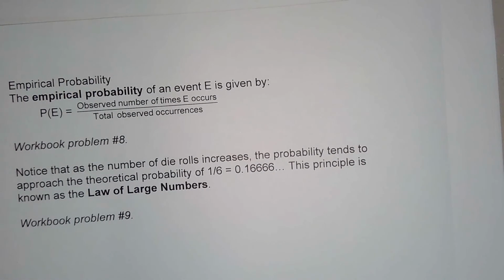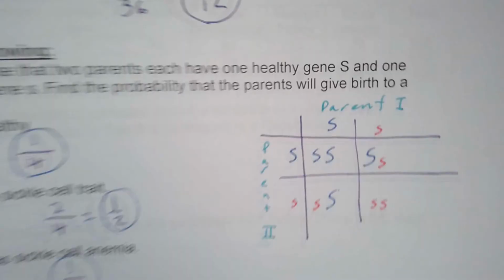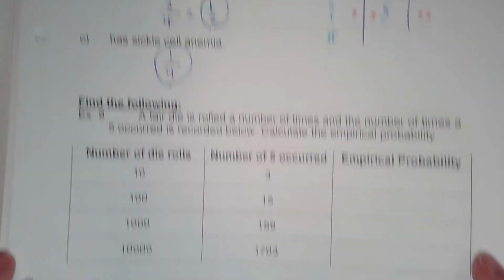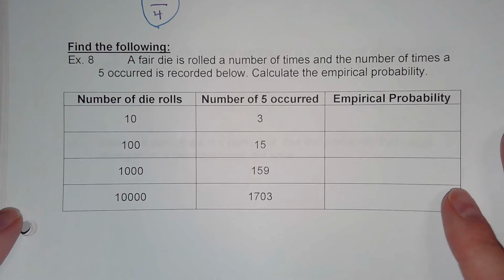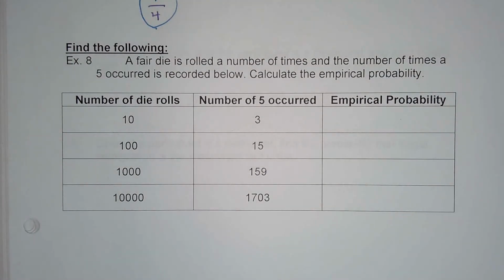So let's turn to problem number 8 in our workbook. This is on page 146. A fair die is rolled a number of times, and the number of times a 5 occurs is recorded below. Calculate the empirical probability.